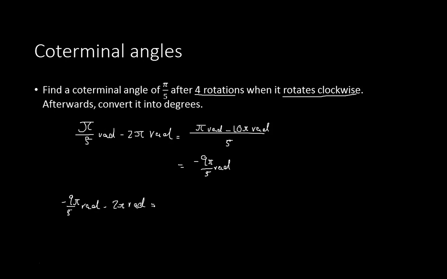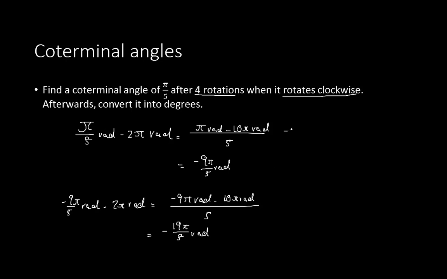So here, what we will have is negative 9 pi radians minus 10 pi radians, all over 5. So we will have negative 19 pi all over 5 radians. That's for the second rotation.